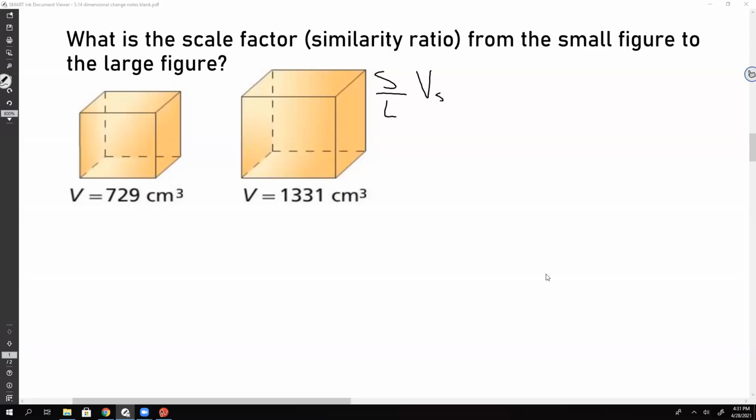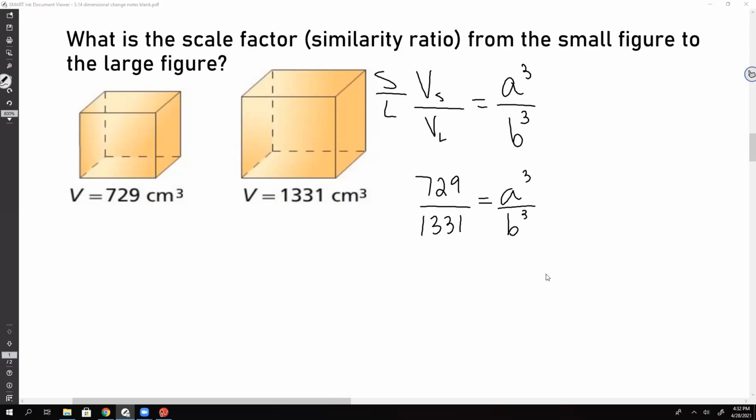So if I do the volume of the small one over the volume of the large one, they're going to be in a ratio of A cubed to B cubed because our volumes are always with cubed. So we're going to plug in things here that we know. Well, I know the volume of the small one is 729. And I know the volume of the large one is 1331. And that's going to be A cubed to B cubed.